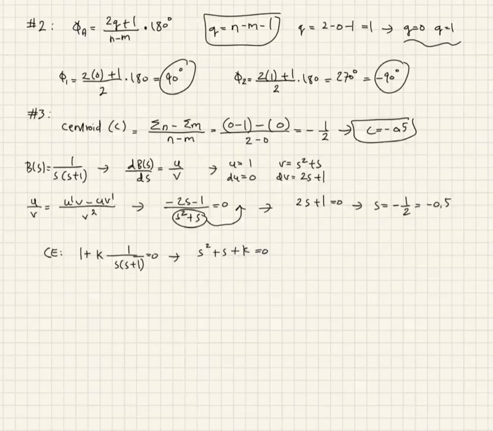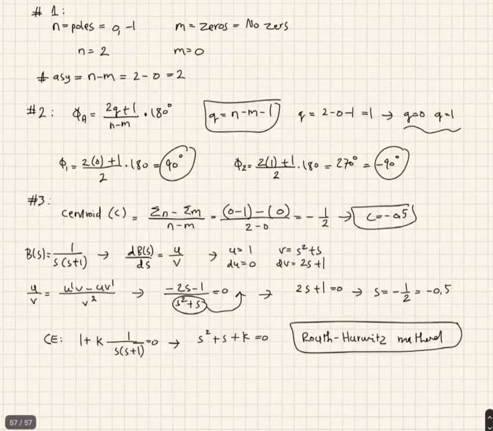So next step, we have to use the Routh-Hurwitz method. You don't have to know this for this case, okay? Because I will explain it in the next example where we actually have to use it.